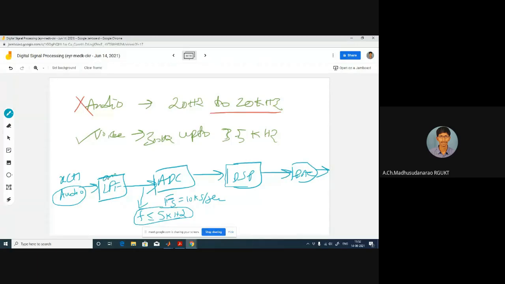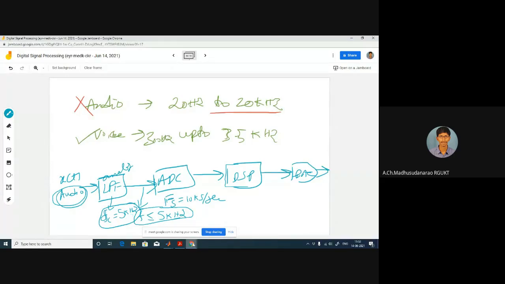I can go for an analog low pass filter with the cutoff frequency Fc equal to 5 kilohertz. Then this will remove the frequency components in the audio file above 5 kilohertz, and I am going to get up to 5 kilohertz as my input to the ADC.